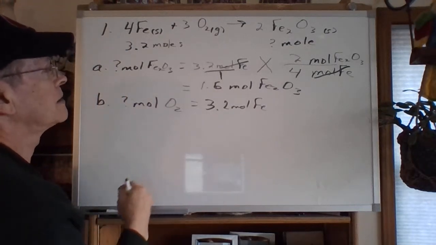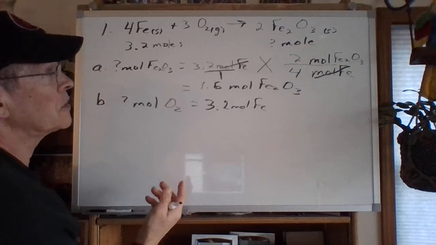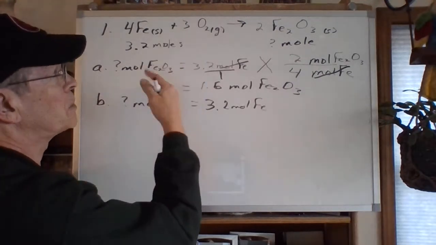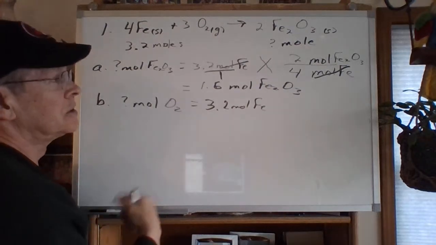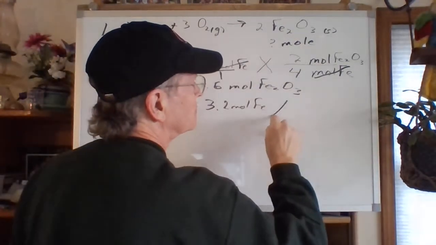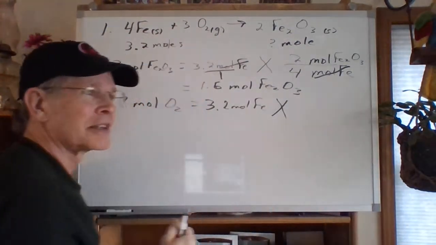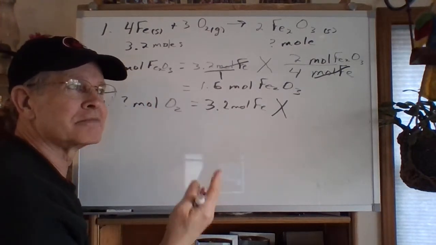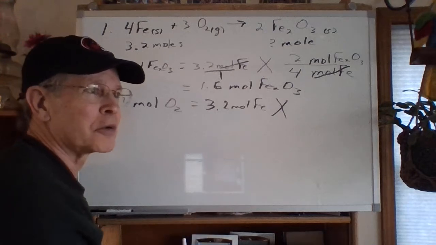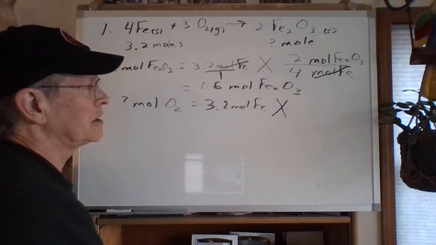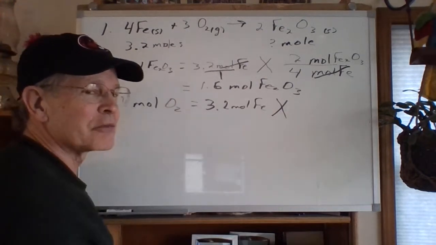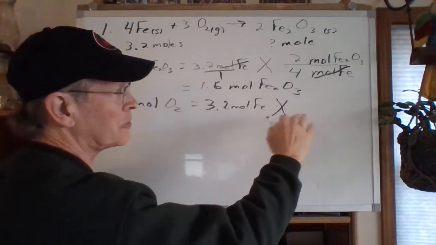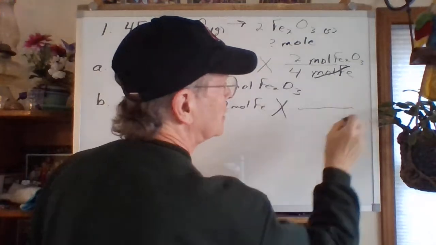And maybe you could do that in your head then. 3/4 as much oxygen will be consumed as iron. Or, because sometimes we get things flipped over in our head and we multiply times 4/3 instead of times 3/4, anyway, I admittedly like to see the factor labels all factored out like they're supposed to be.